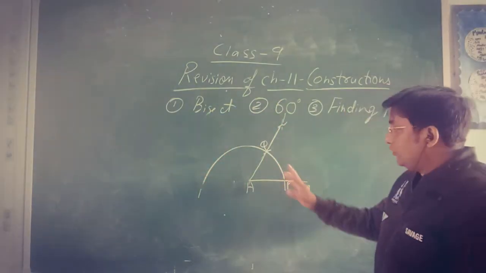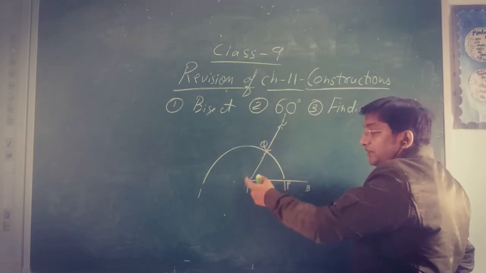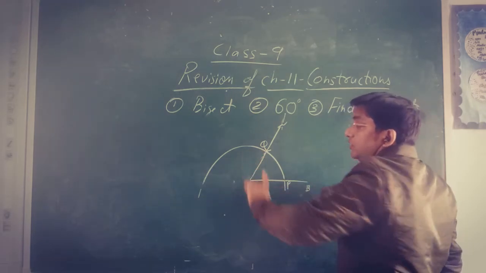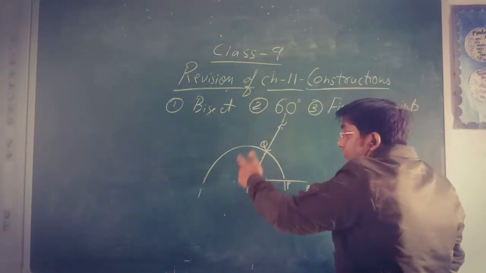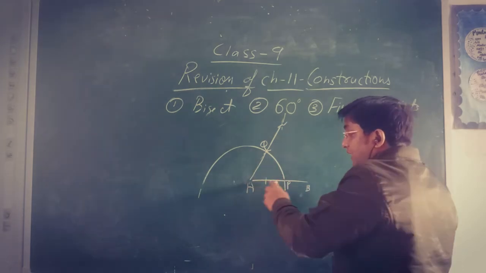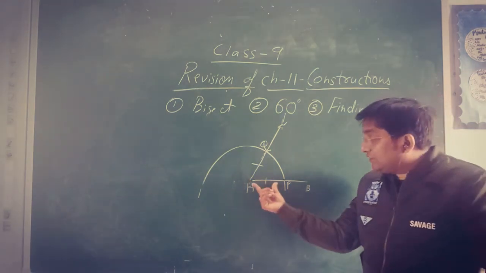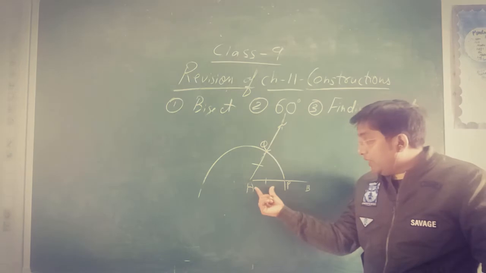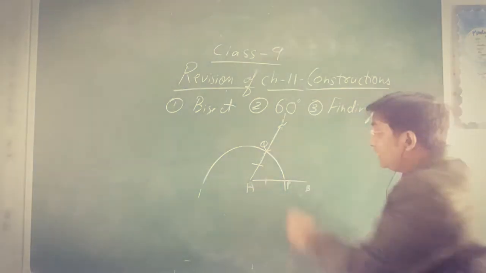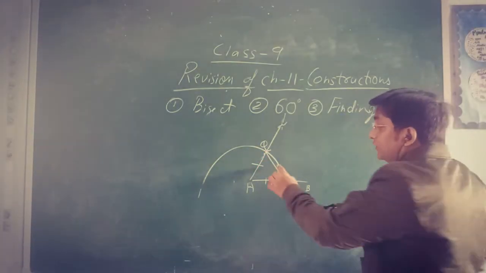I will show you the proof of this also. If you see this, AP means the distance from A to P. And the distance from A to Q is the same. Why? Because they are on the same arc. So the distance from A to P and A to Q is the same. And one more thing, the radius that I have taken from A, the same radius I have taken from P to get Q. So this distance is also the same, this is also equal.